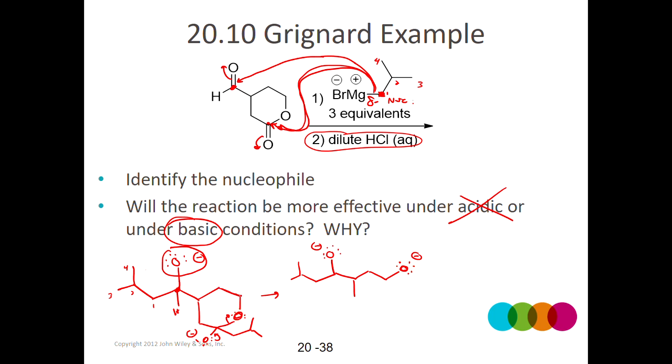All I did was rotate this bond and kind of move it away a little bit so it wouldn't be too crowded. But that reforms the C=O double bond. So that's when the third equivalent gets involved. So we haven't even added the HCl yet. The third equivalent of the carbon is going to come in here and push these electrons out.